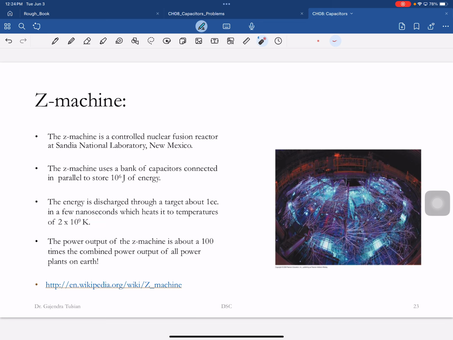Okay. And heats it to a temperature of 2 billion degree Kelvin. Okay. The power output of the Z machine is about 100 times the power output of all power plants on Earth for those few nanoseconds when the lasers are firing.